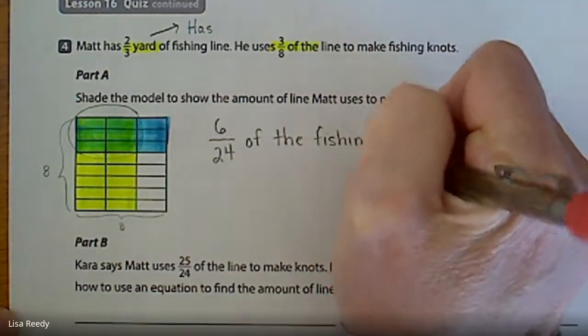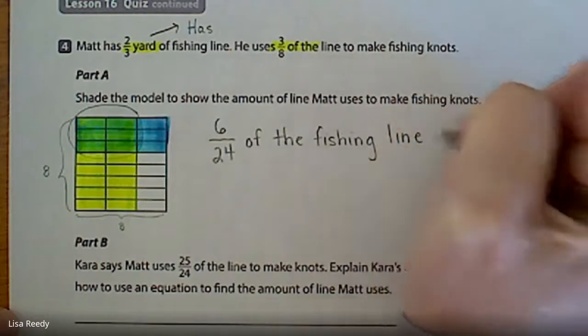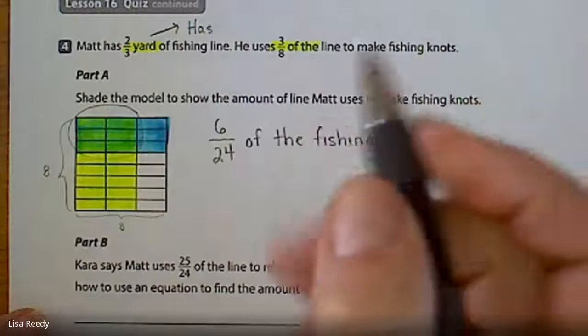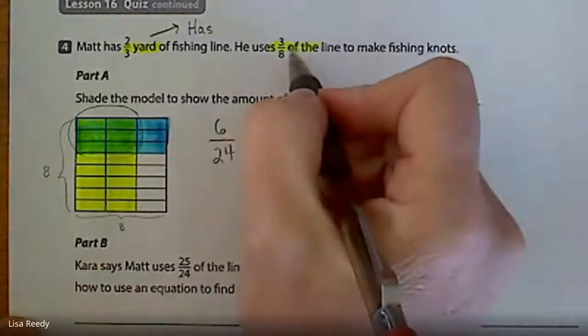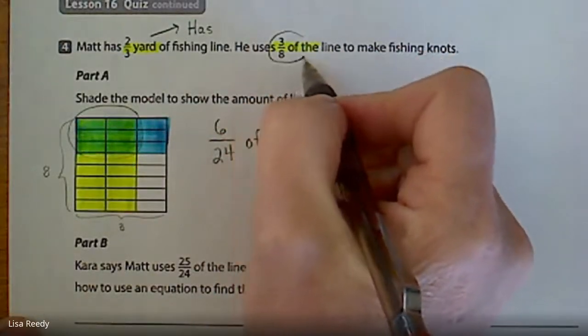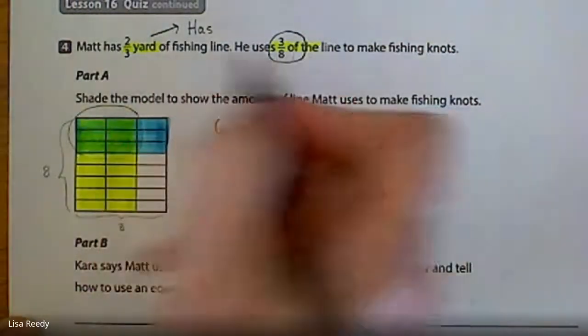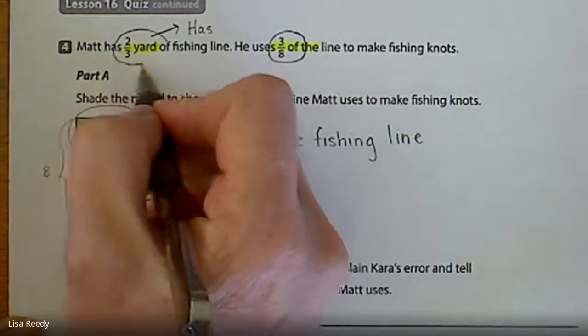Okay, now I'm going to do something a little bit ahead here. If we were going to solve this mathematically, I want you to think about what it's saying. He uses 3/8 of the line. Okay, the line is 2/3 yard.